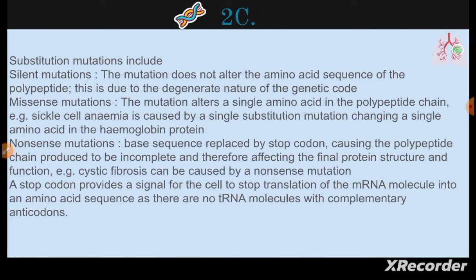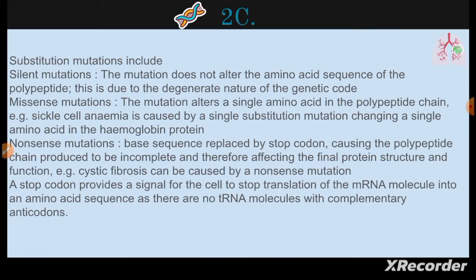So as we said, the genetic code is degenerate, which means that multiple codons code for the same amino acid. So basically there will be no difference, because somehow by chance the mutation produced a degenerate codon. Okay, moving on.